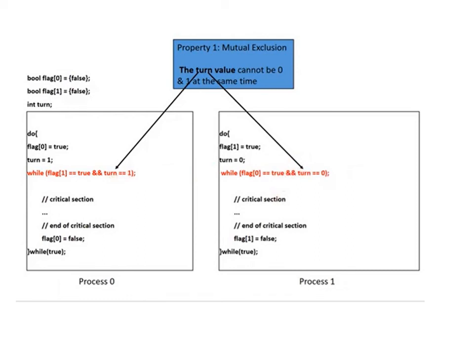Next, the third requirement, that is bounded waiting. Let us assume P0 is in the critical section and P1 has sent a request to enter the critical section. Let us assume that P0 completed all its operations, so P0 comes out of the critical section.